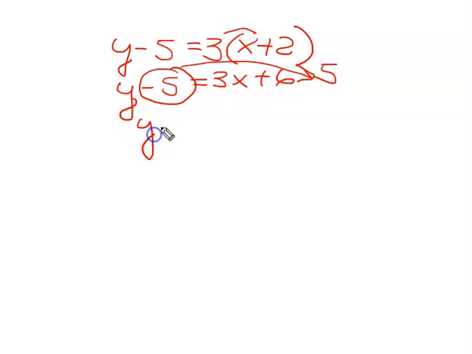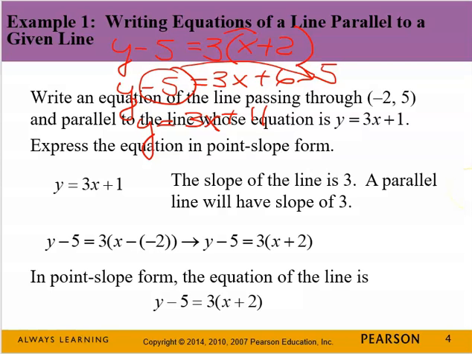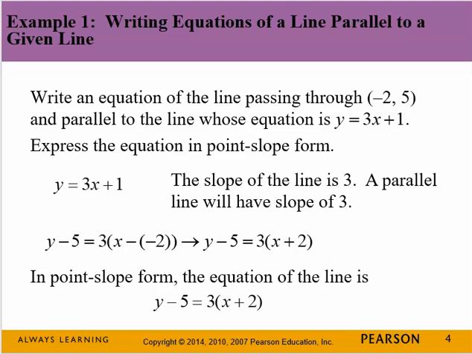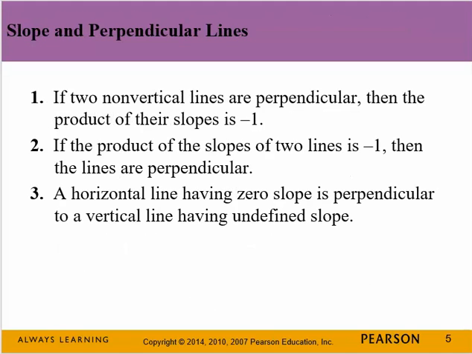So we now have y equals 3x plus 11. So there's the proof, putting it from point-slope form into slope-intercept form. Okay, let's go back to our regular screen and clear this up and go on to our next slide.